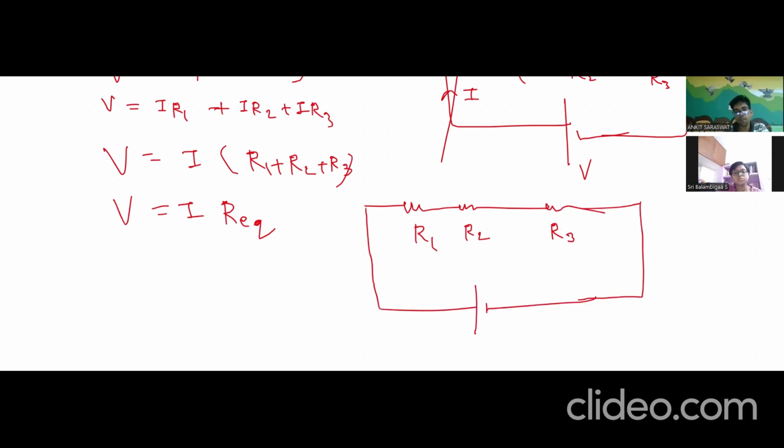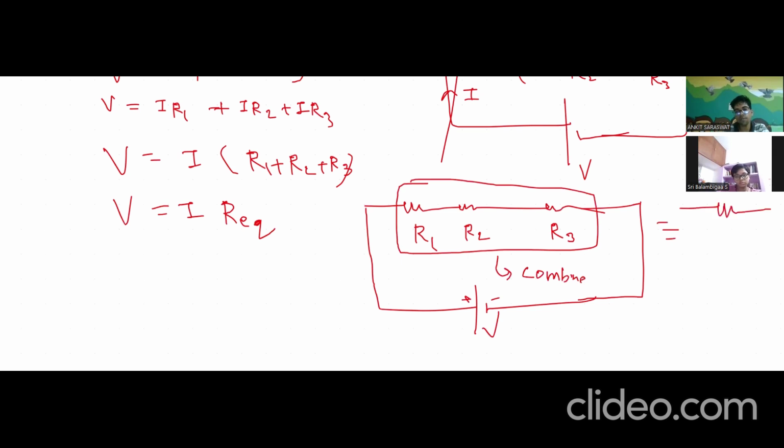If I combine all the resistances, then I get the equivalent resistance, that is R equivalent. And across this R equivalent, how much voltage drop? V. That is the meaning of this. Across this R equivalent, how much voltage drop? V, voltage is concerned. Understood?